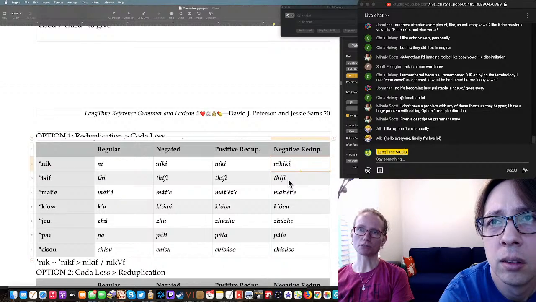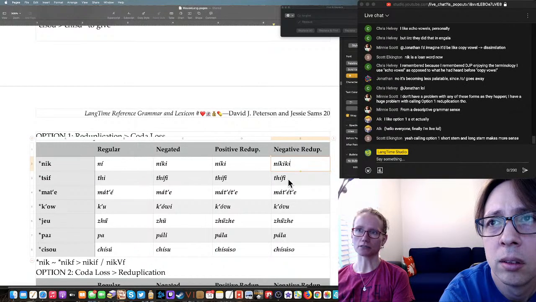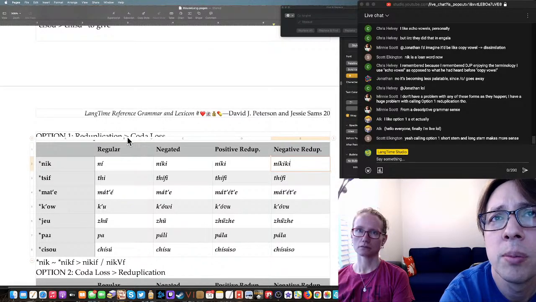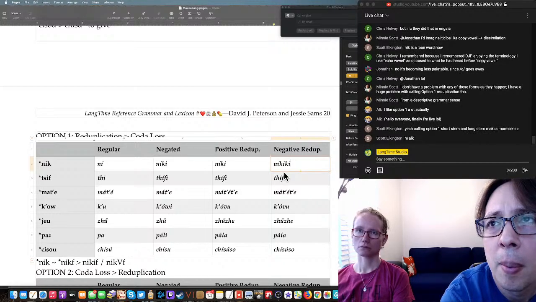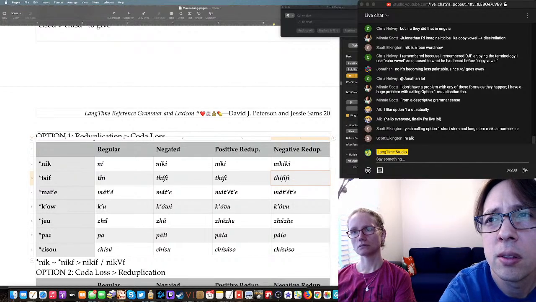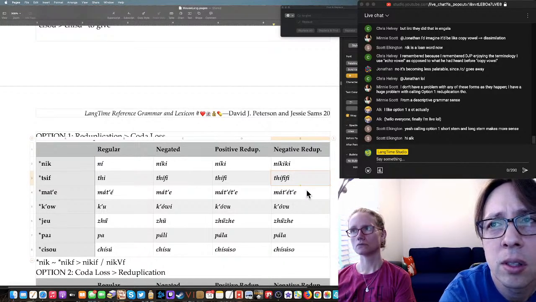I thought we were supposed to be adding F to the positive reduplication. For this one, the reduplication happens before the coda loss. I think these are all going to take an extra syllable.